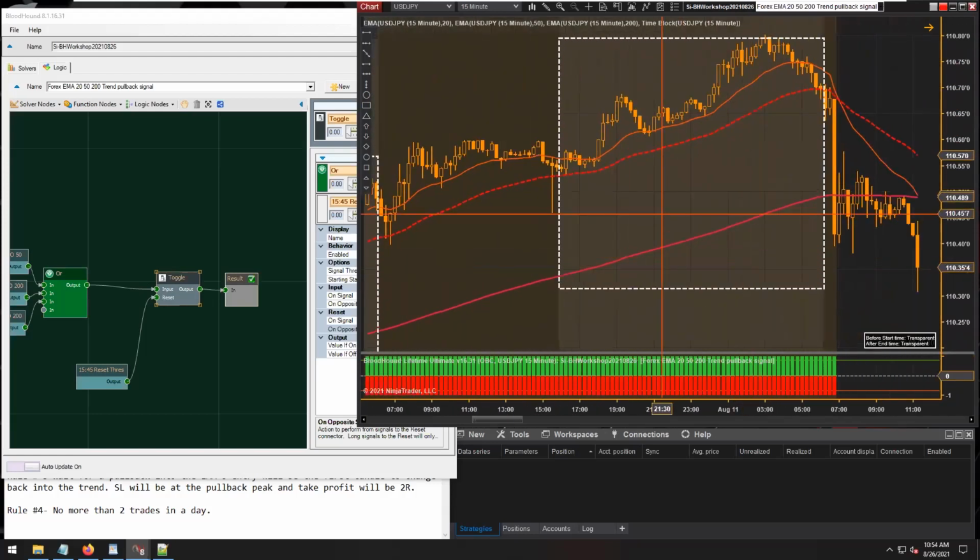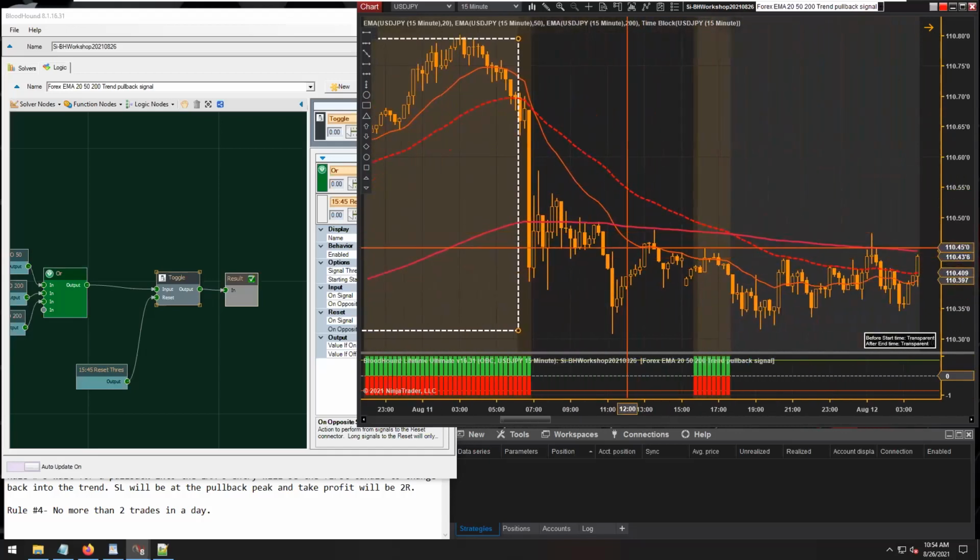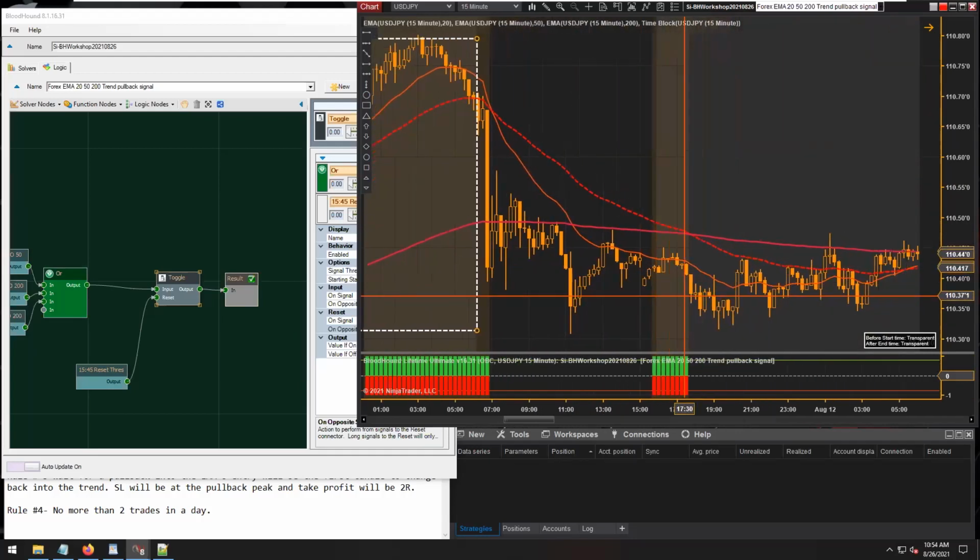Again, I did mark with these squares that there were no crossovers. And then we did get a crossover. So we did have a crossover here during the trading session.